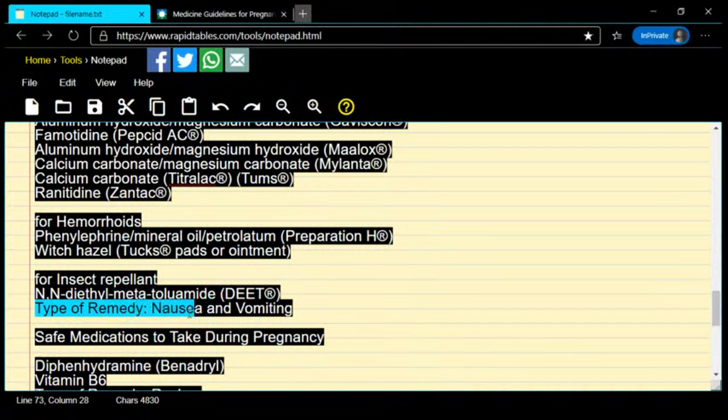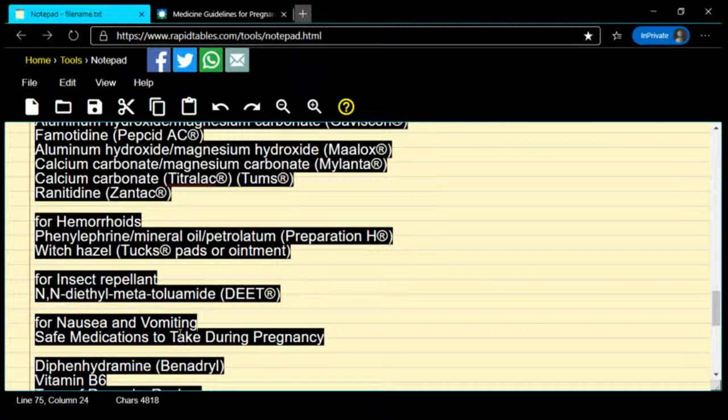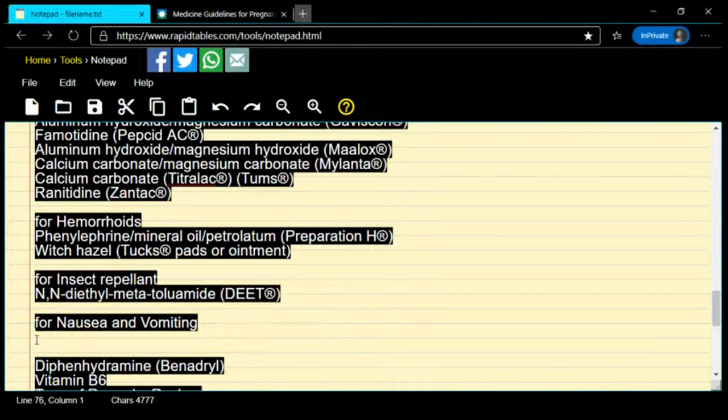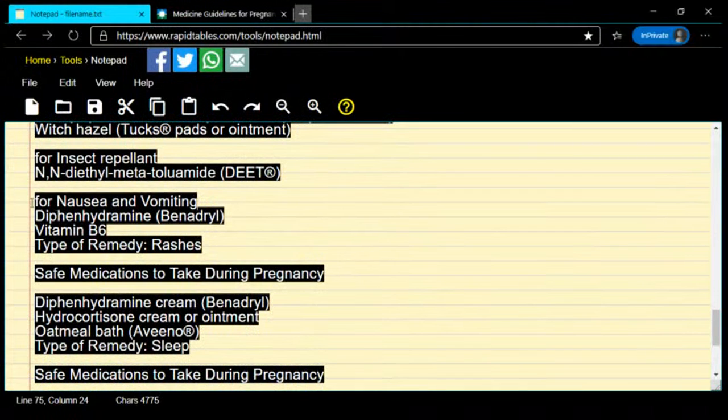Type of remedy. Next we have nausea and vomiting. For nausea and vomiting with pregnant women, the medication that is safe for her and for the baby is diphenhydramine, Benadryl, and vitamin B6 also.